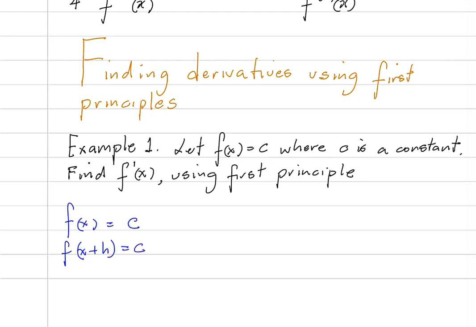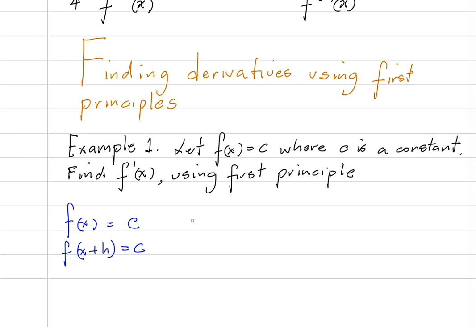The reason for that is that f of x plus h says anywhere in f that you see x, take out x and put x plus h. But there's no x in f because f is equal to c, which is a constant.